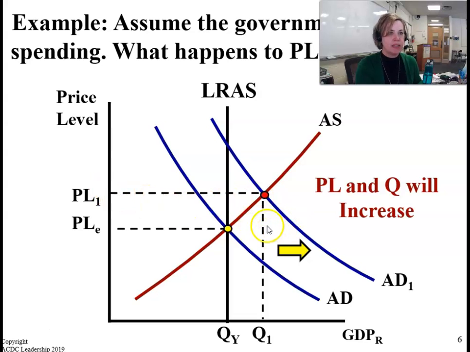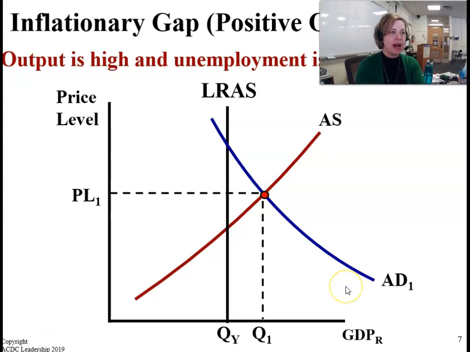This represents what we call a positive output gap. The economy is no longer operating at long-run equilibrium. So this would represent an inflationary environment as well. With a positive output gap, you have output being high and unemployment is lower than the normal rate of unemployment.